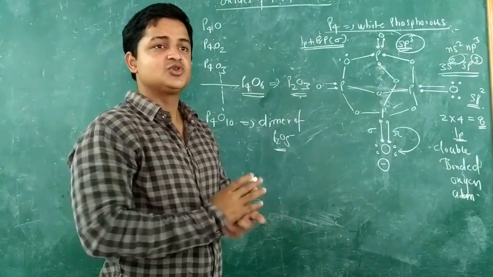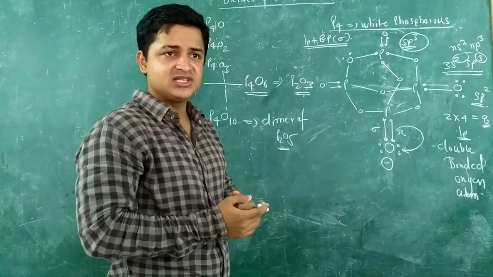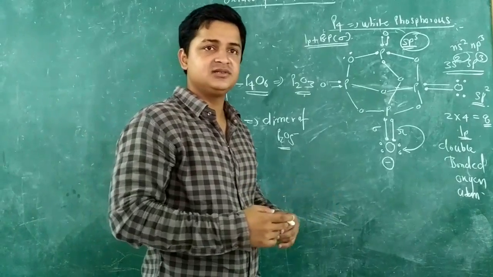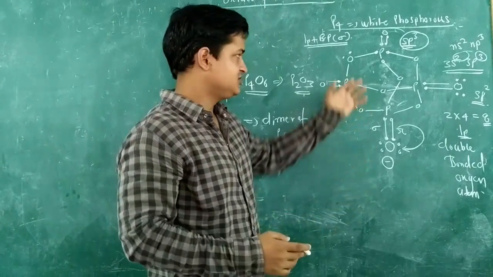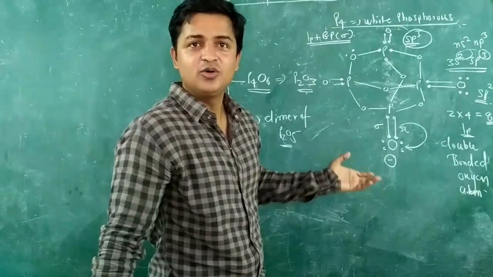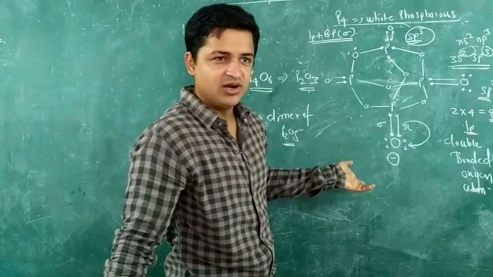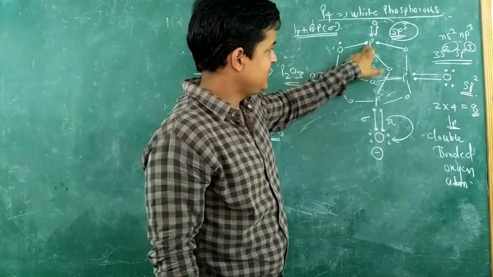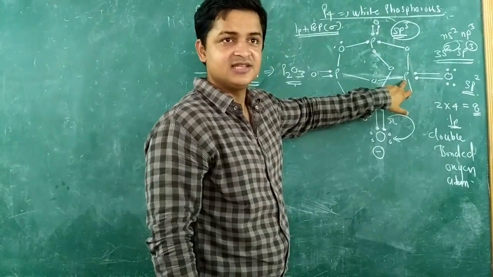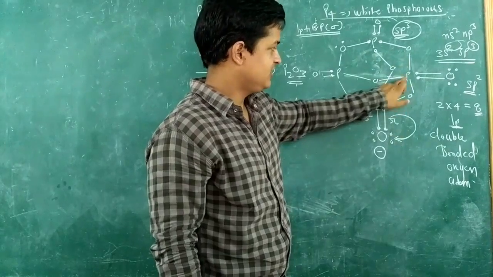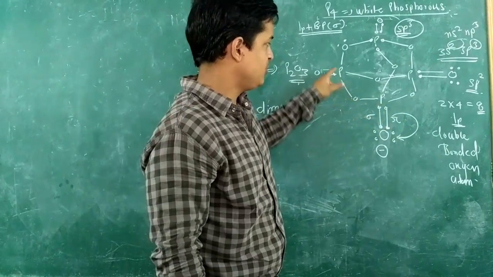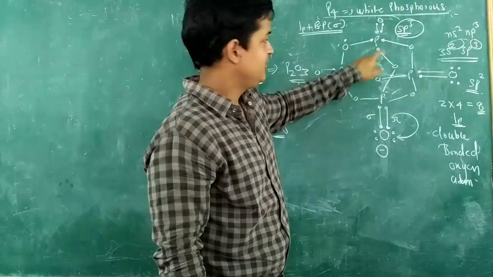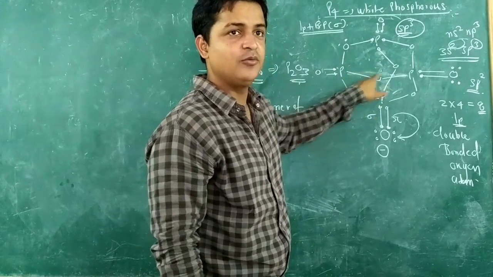Exactly. So now they can ask you even the question that are total how many POP bonds. You just need to know the structure. I have told you how to draw the structure, and then you can just count it. It's a very simple question. You can have POP bond, POP. Exactly. POP 1, POP 2, POP 3, POP 4, POP 5, POP 6.